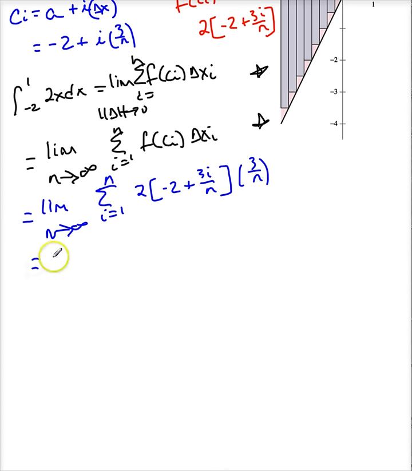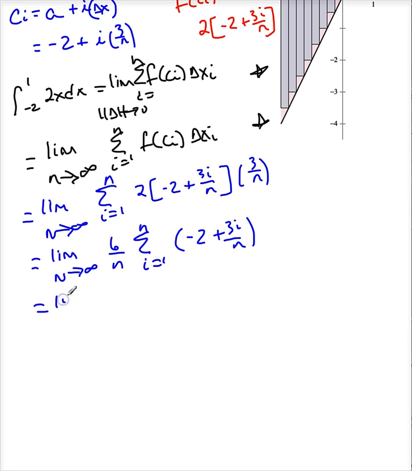Now let's multiply this out. It's the limit as n approaches infinity, and I'm going to pull 6 over n out front, outside of the sum. The sum as i goes from 1 to n of (-2 plus 3i over n).